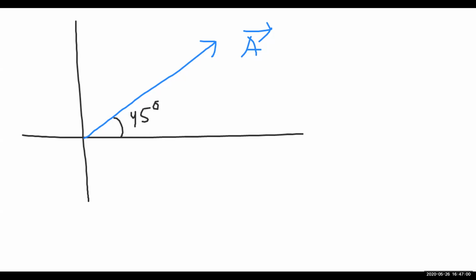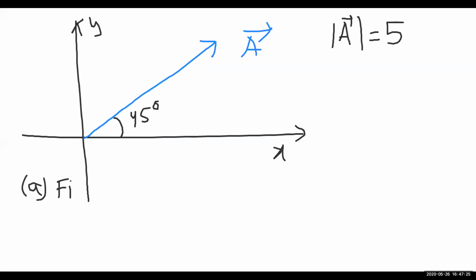This is the x-axis, y-axis. I'm telling you that mod of A is equal to 5 units. I don't need to write units because we are discussing maths at the moment. So the question is, find the xy components of vector A.